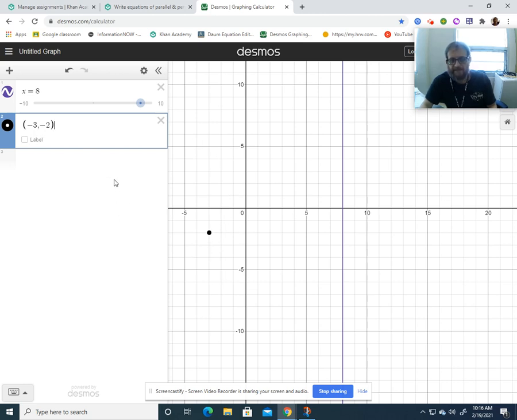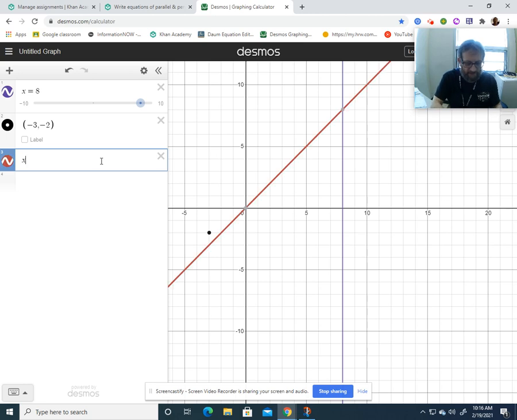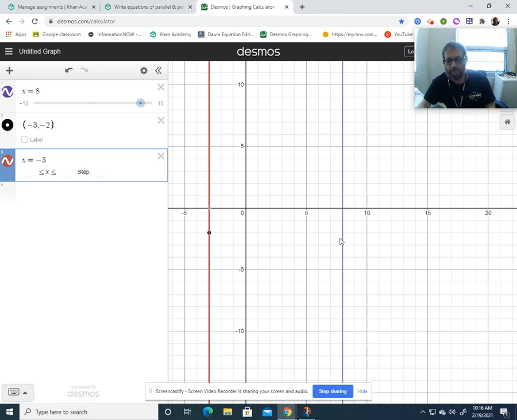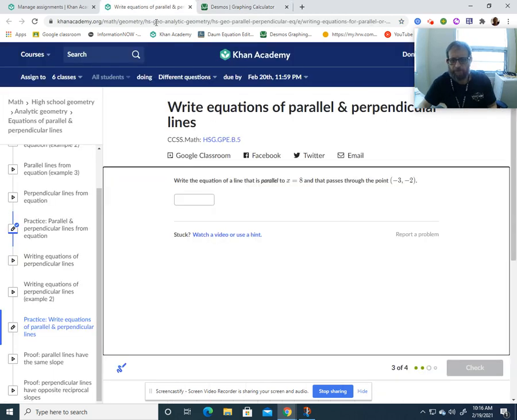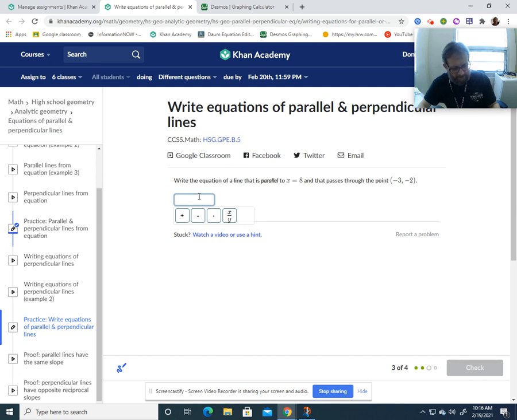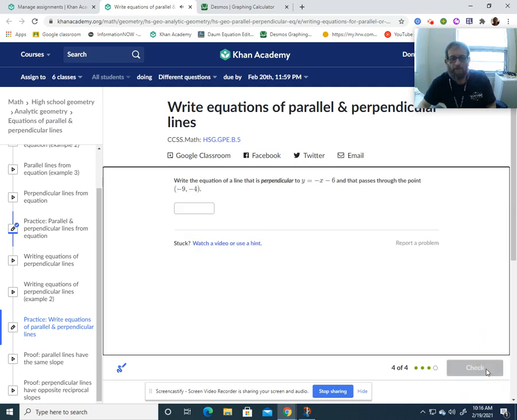It's going to be x is -3. Anytime you're doing parallel lines, oops, I wrote that wrong. Anytime you're doing parallel lines when they're horizontals or verticals, they're pretty straightforward. So this is x equals -3. All right.